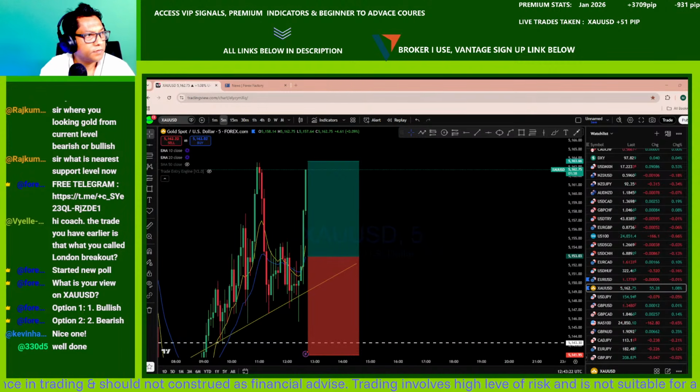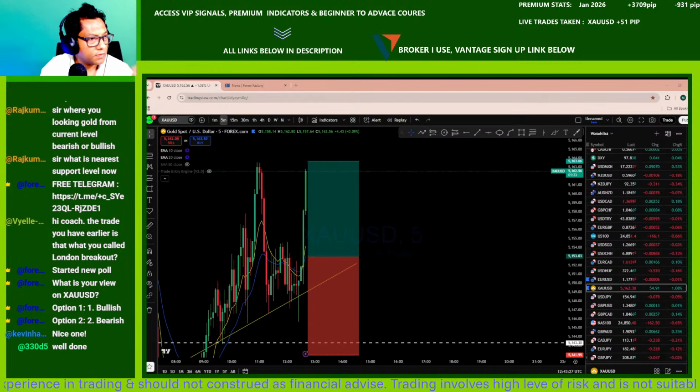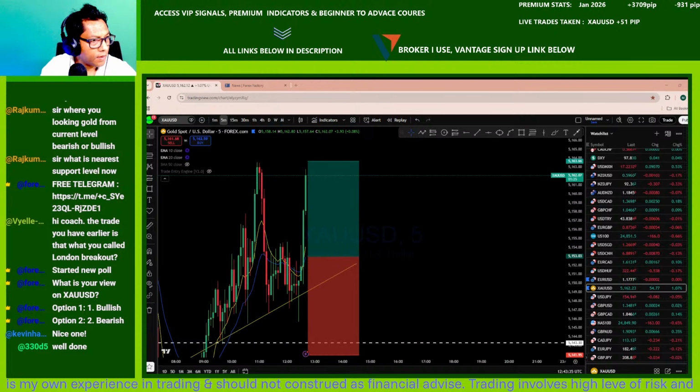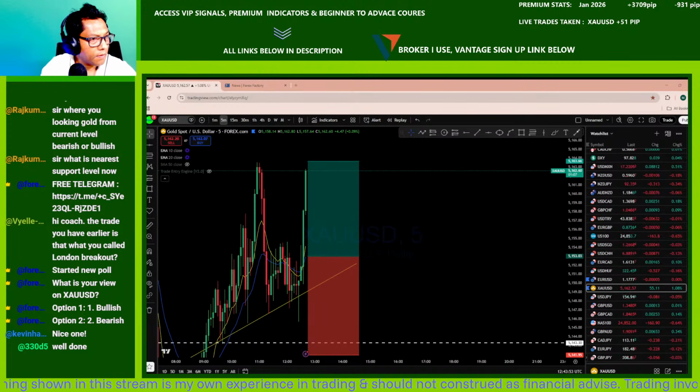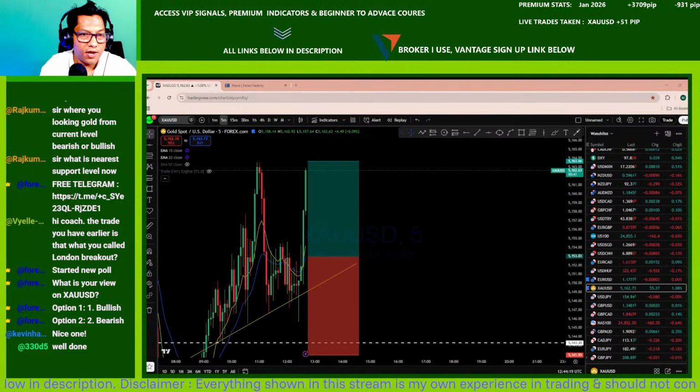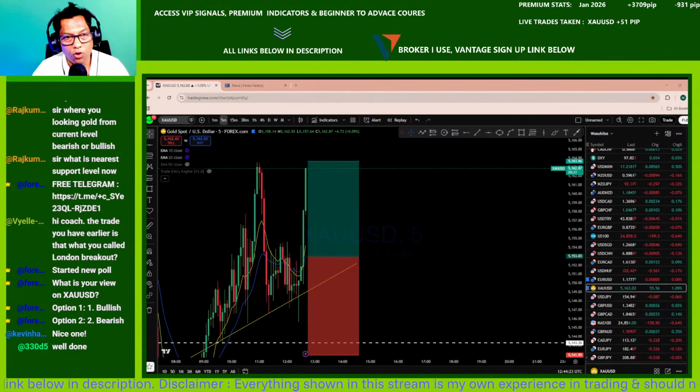It's moving in that direction. It's making its way back to the upside here, and we might see that continuation. Now if you look at the pool, it also shows that bullish.